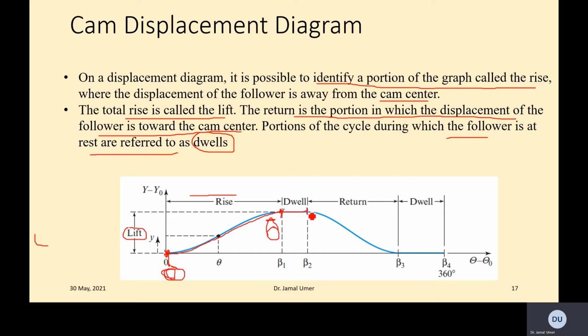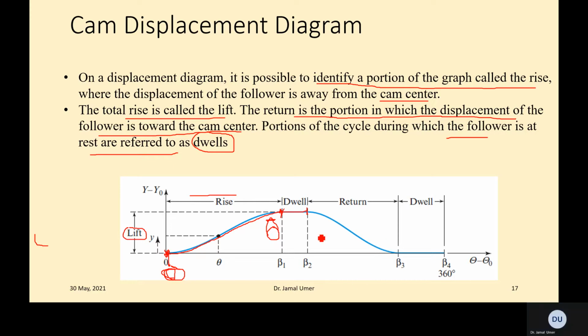And then it has to return. It's not necessary that the way it goes up and the way it goes down are the same. That's not true, because it really depends on the timing. Let's say we want to move the follower up slowly and return fast, because it depends on the engine operation, and that defines the slope.